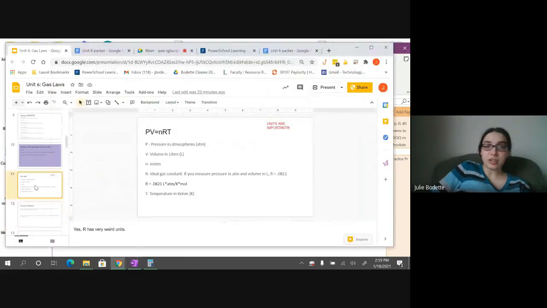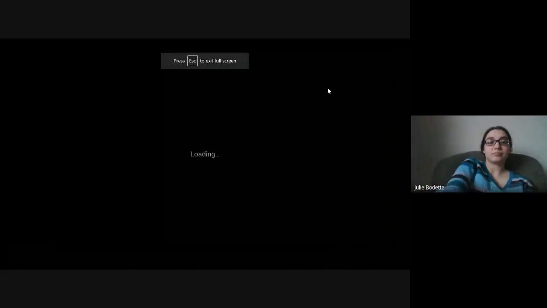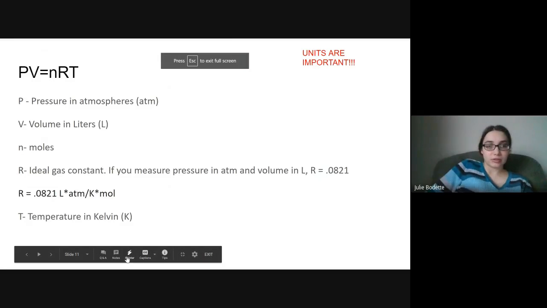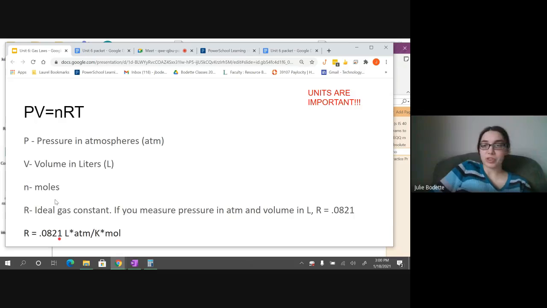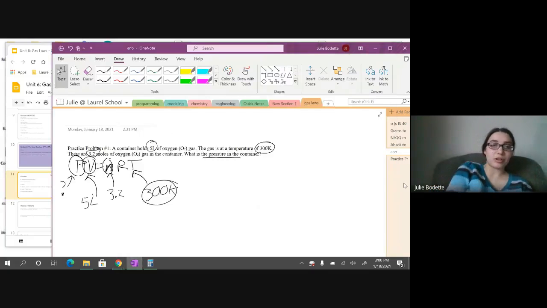So remember, R is 0.0821, right? Because it's just going to be this number. If you use the units of liters, atmospheres, Kelvin, and moles, then you can just use this number for R and you're good to go. So R is going to be 0.0821.